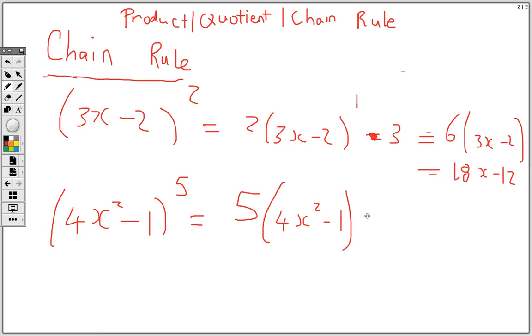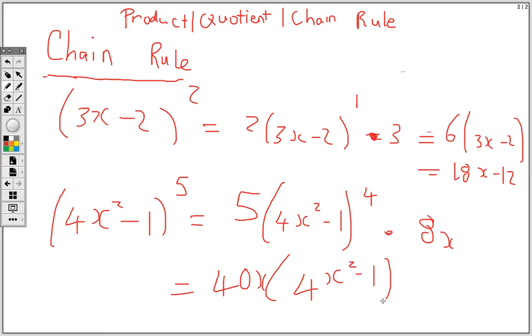Then we subtract 1 from 5, I'm left with 4. Then we differentiate the inside, so we'll have 8x, then multiply 8x times 5, so this is 40x, times 4x squared minus 1 to the 4th.